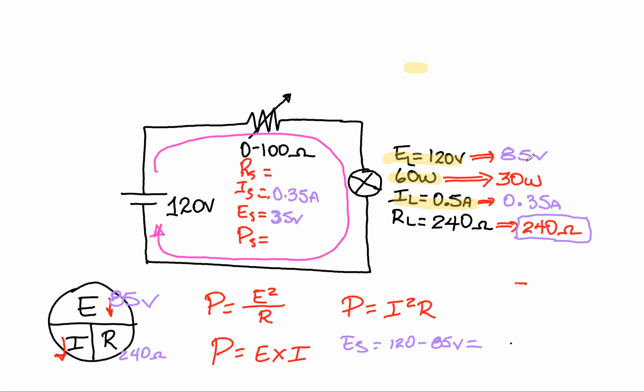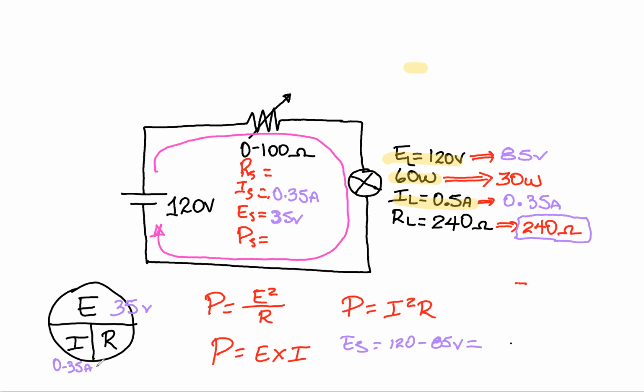Okay, so in that instance, let's use Ohm's law once more. I'm going to delete these values here. Now I'm going to use Ohm's law once more because we have voltage and we have current. So my voltage is 35 volts, my current is 0.35 amps.